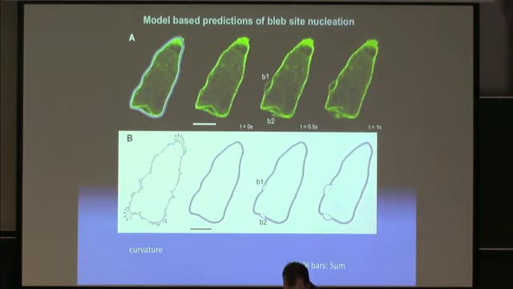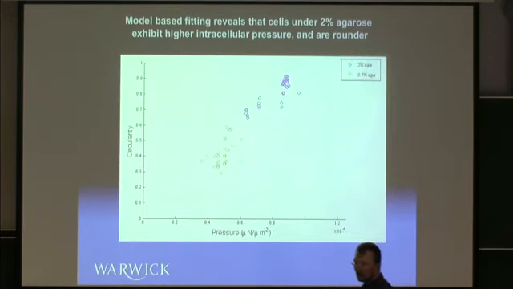One ingredient of the model that obviously plays an important role is the pressure, and so we optimize that for each individual cell and configuration, so that we optimize for the number of true positive blebs.